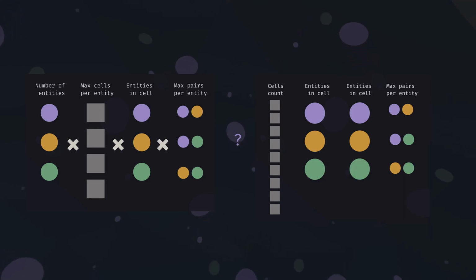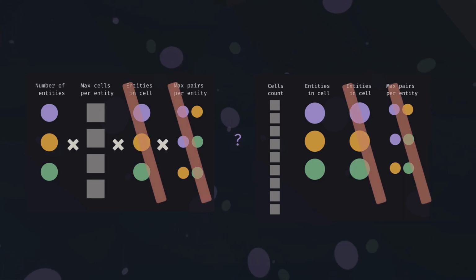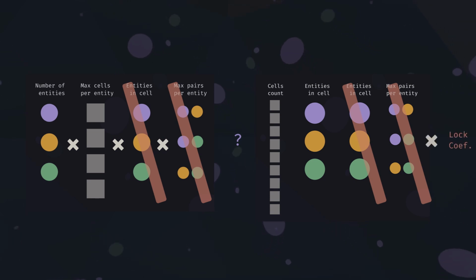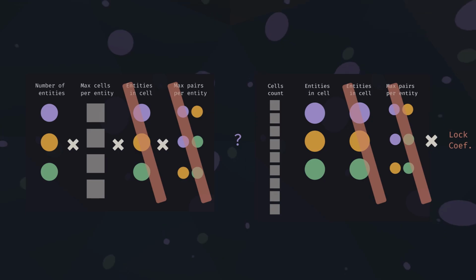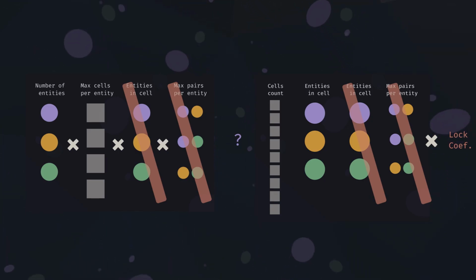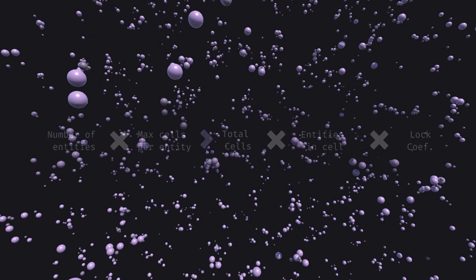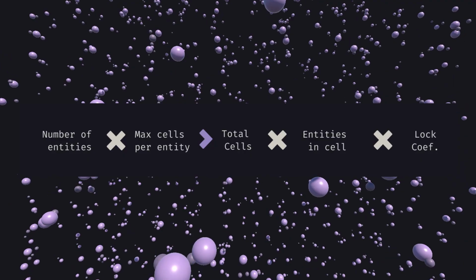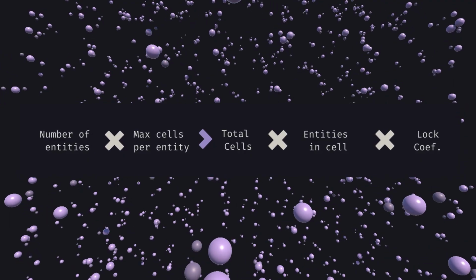By removing common multipliers, max pair per entity and number of entities in one cell, we get a simplified formula. Considering that the entities approach is faster in terms of adding and checking indices, we want to multiply it by some coefficient. I chose 2. So the final formula is this. The true result would mean that we would choose a cell-first approach.